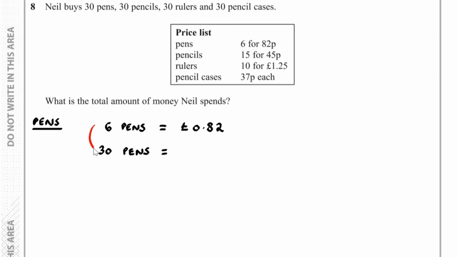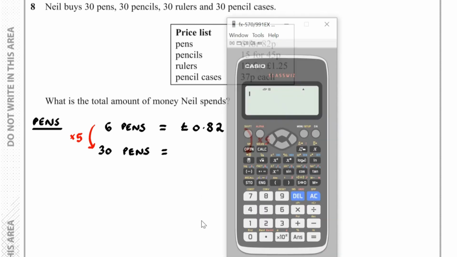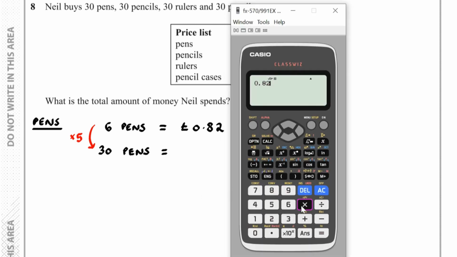So multiplying both sides by 5, we have 0.82 times 5, which is £4.10.